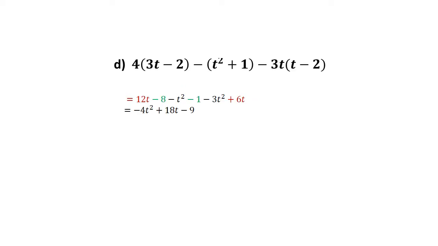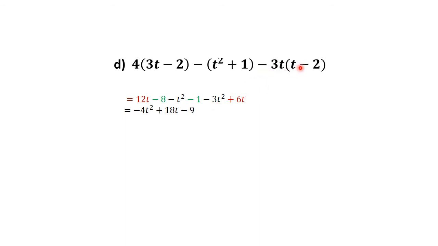Part D, 4 into 3t minus t squared plus 1 minus 3t into t minus 2 in brackets. First step, open the brackets. 4 into 3t, 12t. 4 into minus 2, minus 8. Minus t squared, minus plus, minus 1. Minus 3t into t, minus 3t squared.